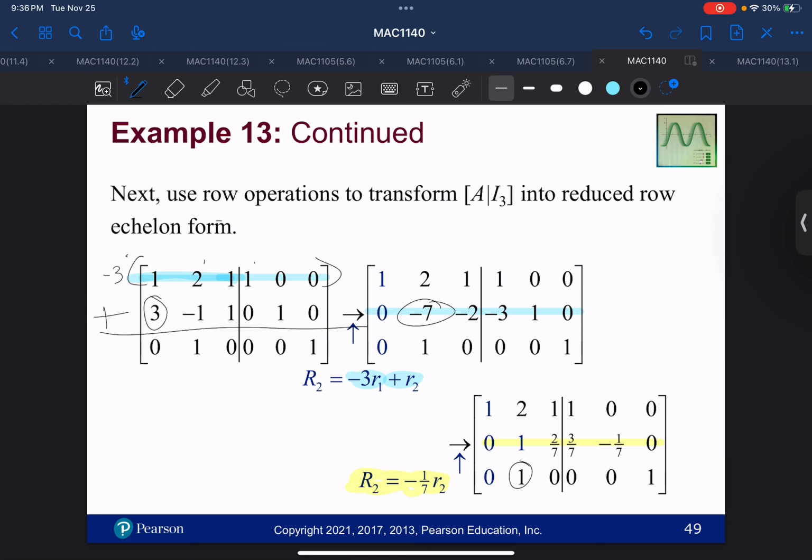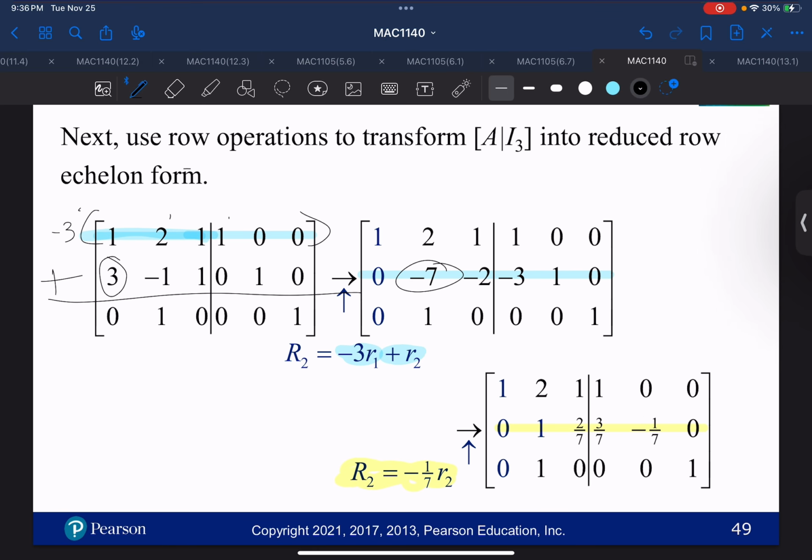So actually, they're not doing that step yet here. Reduced row echelon means that you get everything else equal to 0 as well. So they want all of this equal to 0 and the diagonals equal to 1. So reduced row echelon pretty much is getting it as close to the identity matrix as possible.